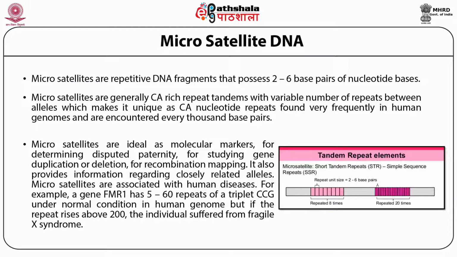Satellite DNAs have a crucial role in the construction of genetic maps and isolation of those genes which are responsible for causing human disease. Techniques of DNA fingerprinting would not have been developed without these satellite DNAs. The diagram is showing you microsatellite DNA.